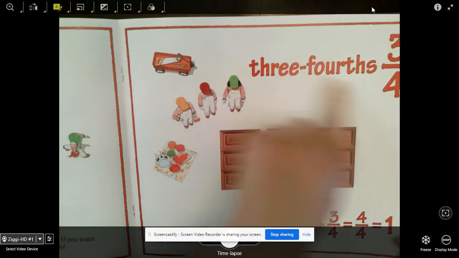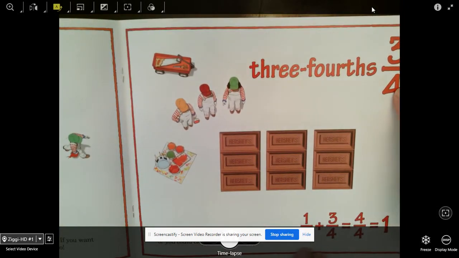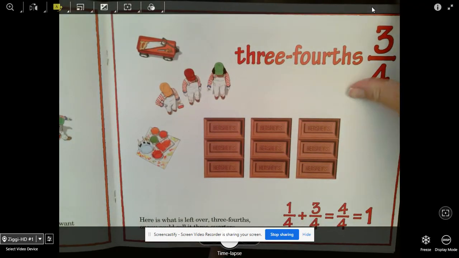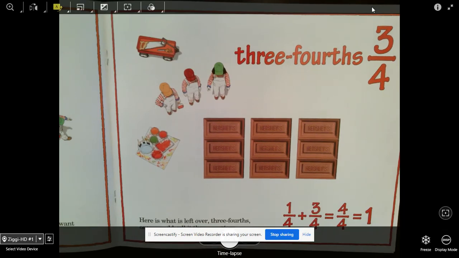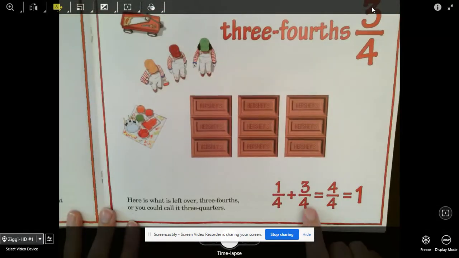The other part is 3/4. 1, 2, 3 of those sections out of 4 of the sections. Here is what's left over. 3/4. So 1/4, the one on the other page, 1/4 plus 3/4 equals 4/4, which is the whole chocolate bar.